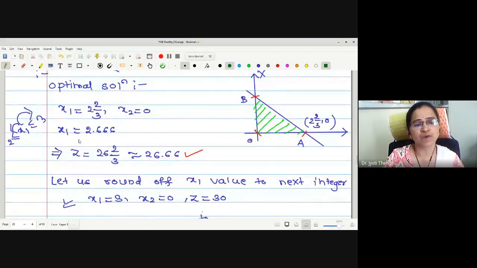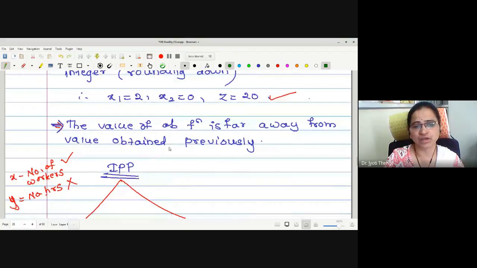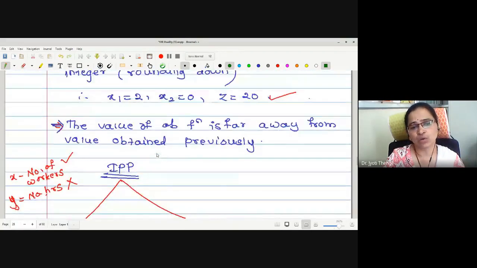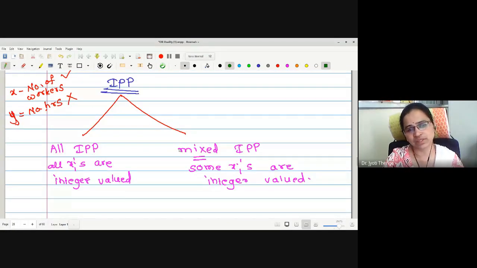Similarly, rounding x1 to the previous integer, which one can call rounding down, gives a value of the objective function far away from the optimal one. Therefore, rounding the values of the decision variables will not always help us get the integer valued solution for the given problem. For this, we have to deal with the problem with a systematic procedure.